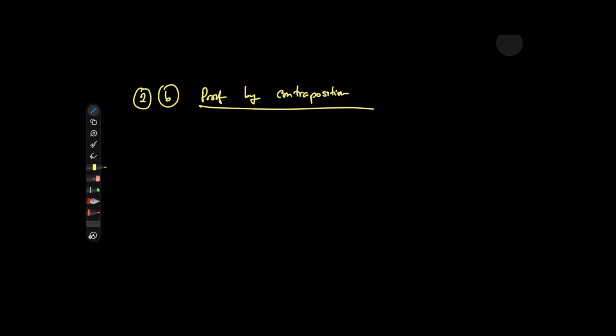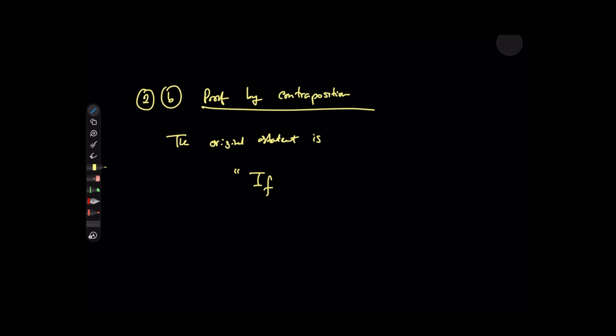So what is the original statement? The original statement is, if I want to ensure that we get the contrapositive correctly, right? So if n squared plus 2n is odd, then n is odd.